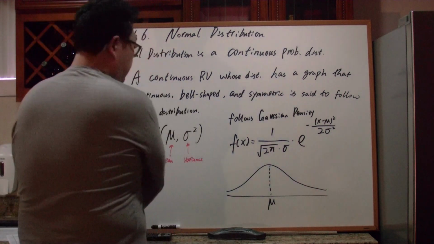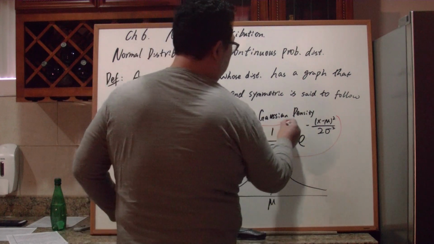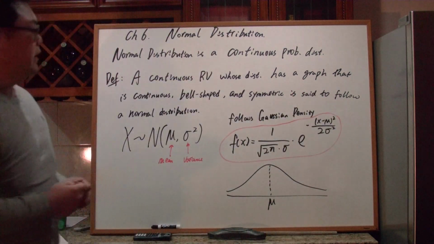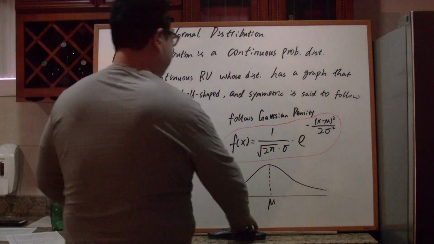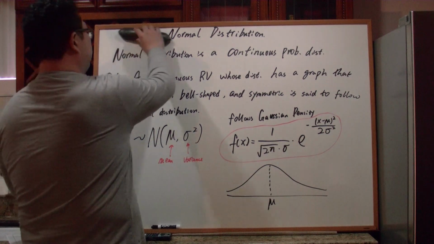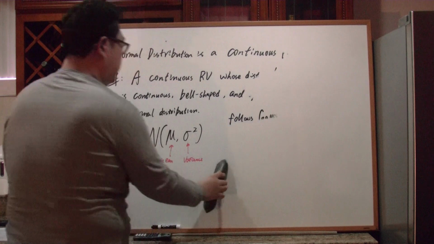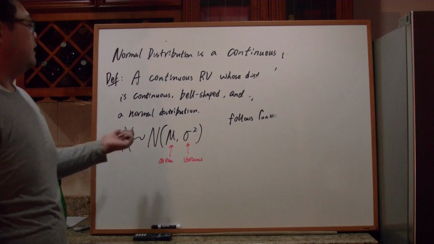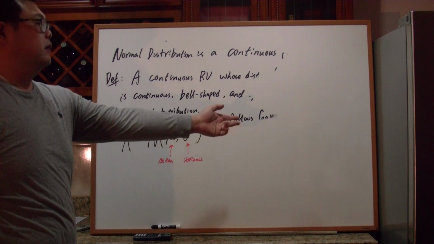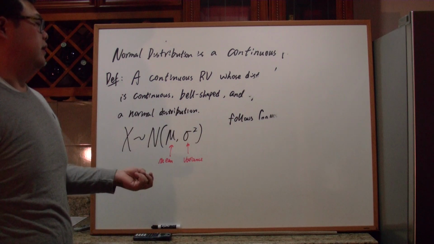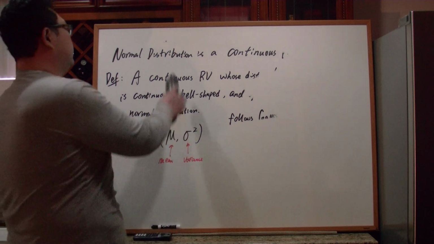That is the density of the distribution. So the normal distribution has two parameters, the mean and the variance. If we know these, we know the Gaussian density already, and then we can find the probability of a certain range.